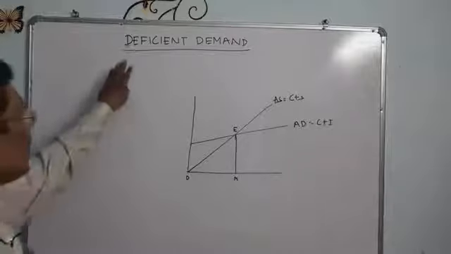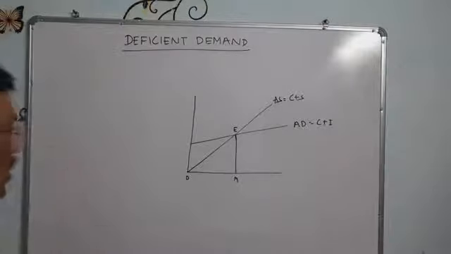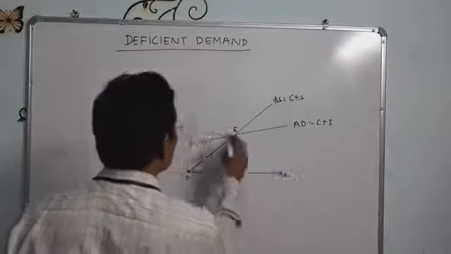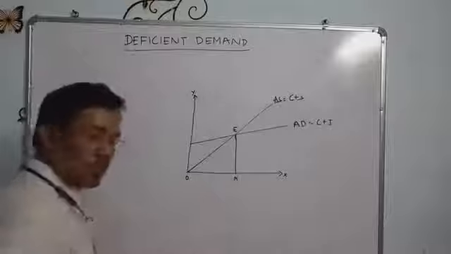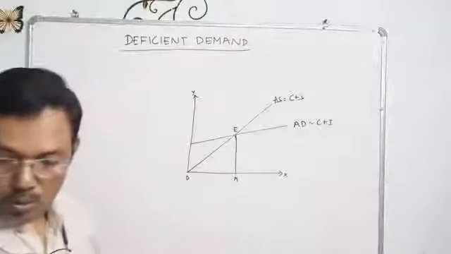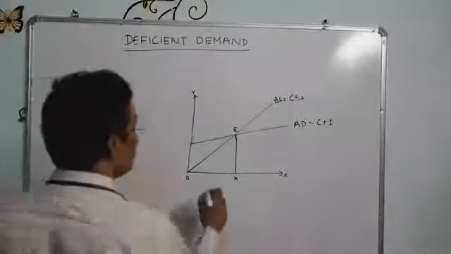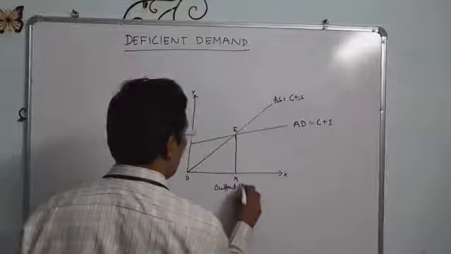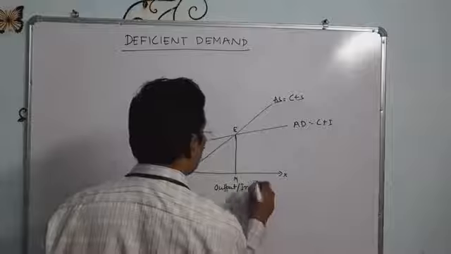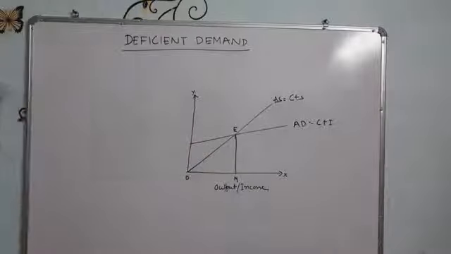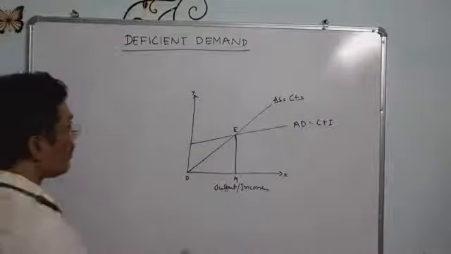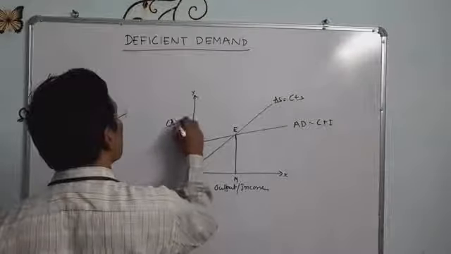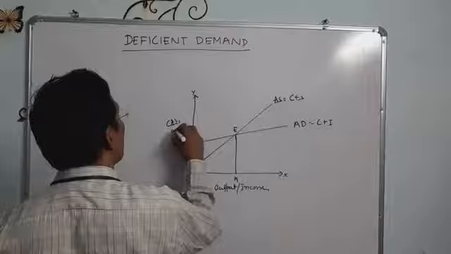Before we discuss deficient demand, we must know that on this diagram, the X-axis represents output and income, and the Y-axis represents consumption, investment and saving.